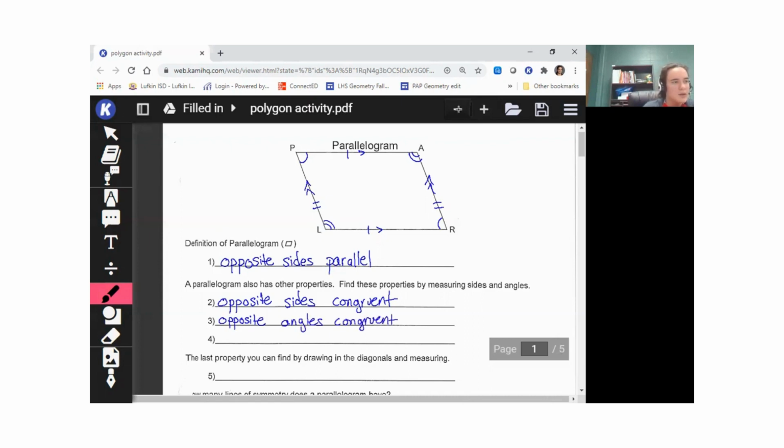Now remember that when you have sides that are parallel, you know that you'll have different angles that are congruent or supplementary.